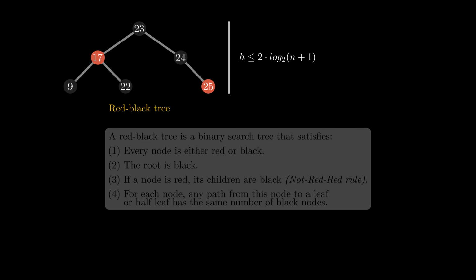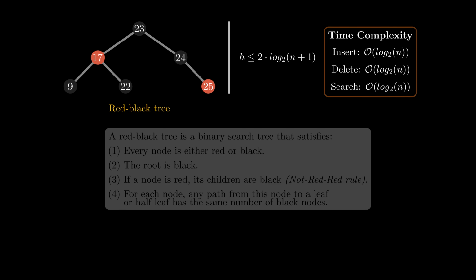But I think it's not difficult to see that inserting or deleting nodes in this tree can easily lead to a violation of the red-black tree property, which is in general not easy to restore. Including the assertion that the height of such a tree is never larger than the mentioned logarithmic term, it can be concluded that the time complexity for all 3 basic operations is always logarithmic.